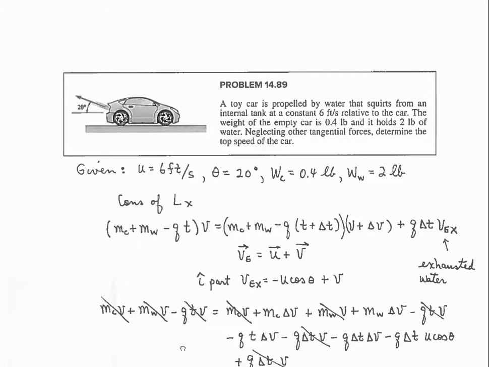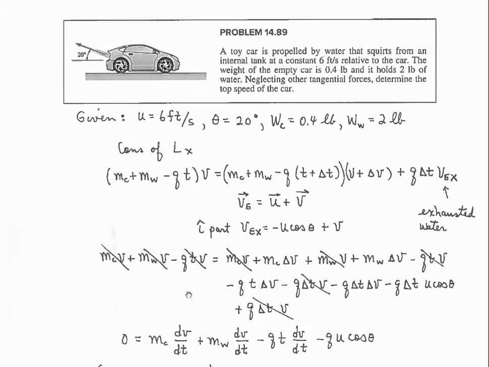So what we're going to do next is expand all these terms. If you expand the left-hand side out, you'll get this right here. And if you expand the right-hand side out, you'll get all of this over here, including when you do q delta t times the minus u cosine theta. That's right there.